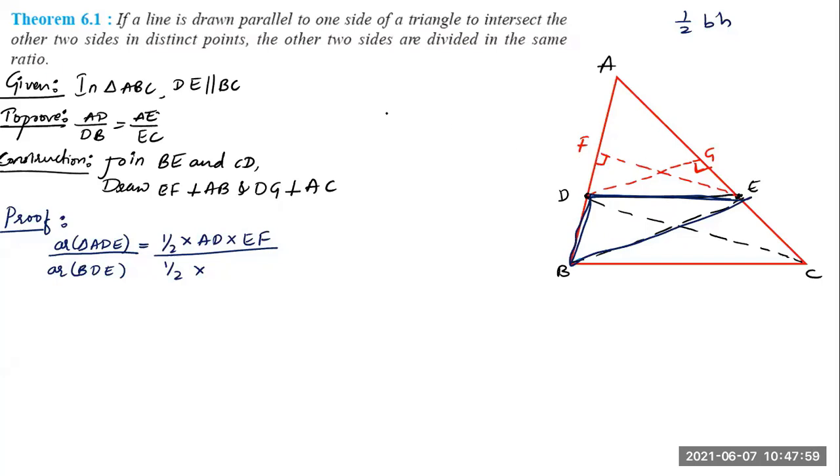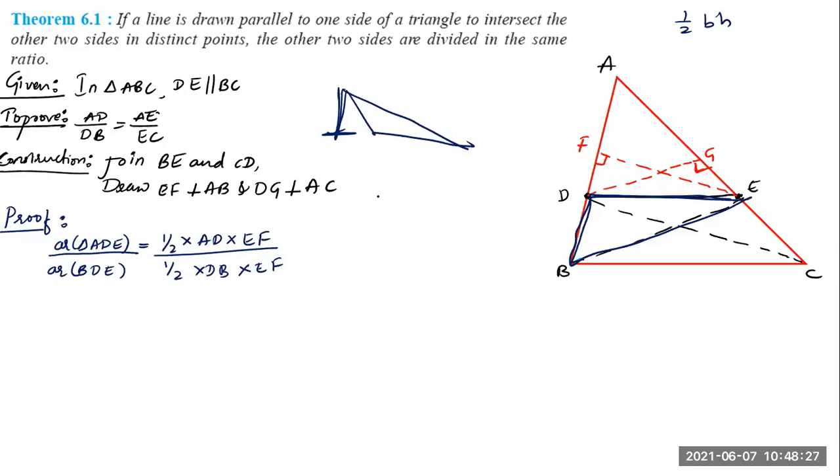So suppose the triangle is like this, an obtuse angle triangle. The height will come outside the triangle. So this is the height of the triangle. There again its height is EF, and the base is DB.